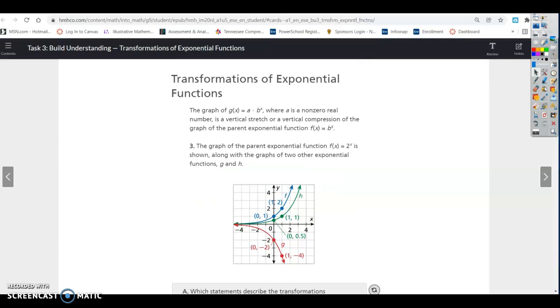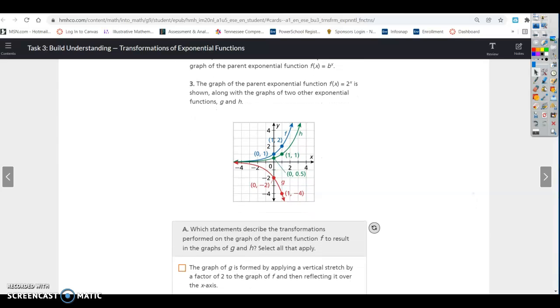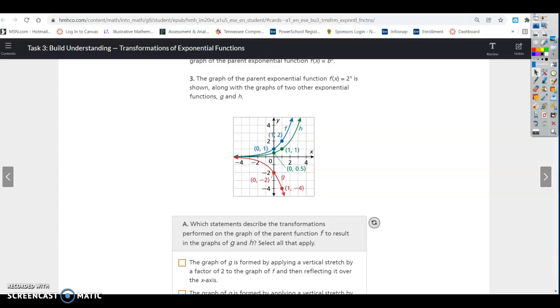Lesson 12.1, task 3. The graph of g of x equals a times b to the x power, where a is a non-zero real number, is a vertical stretch or a vertical compression of the graph of the parent exponential function f of x equals b to the x. The graph of the parent exponential function f of x equals 2 to the x is shown, along with graphs of two other exponential functions g and h.